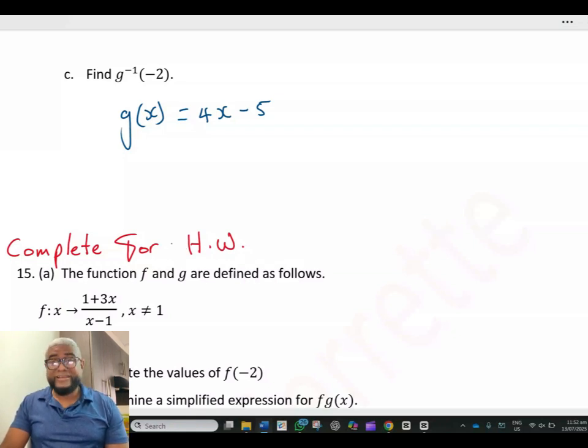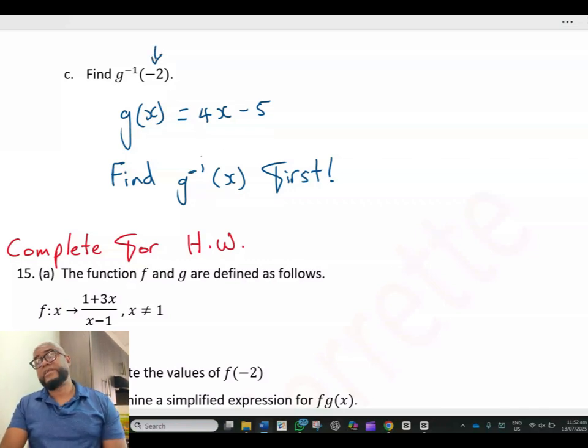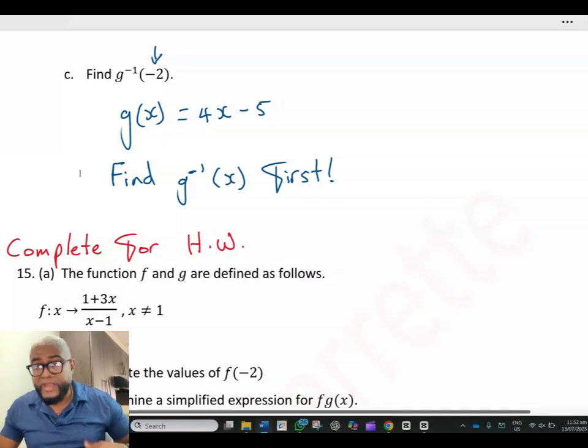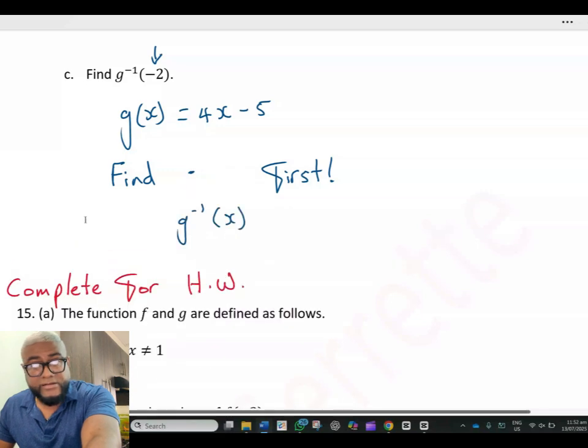The inverse, yeah, right? So we need to find g negative 1 of x first, right? Find that first, and then what do we need to put into that equation? Negative 2. So let's work. Come on, we have 8 minutes. Quick.